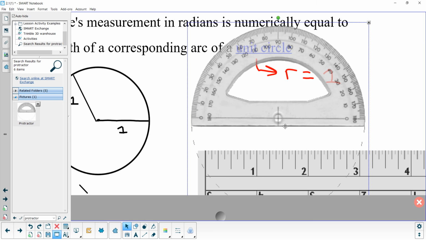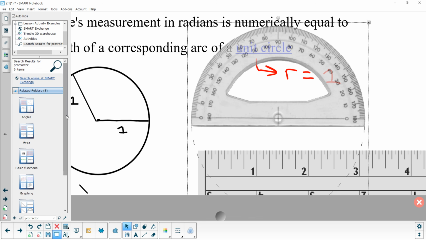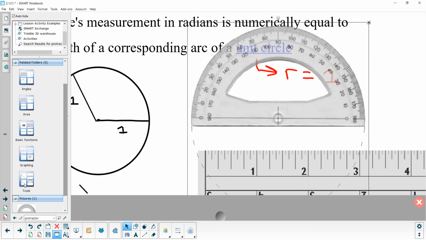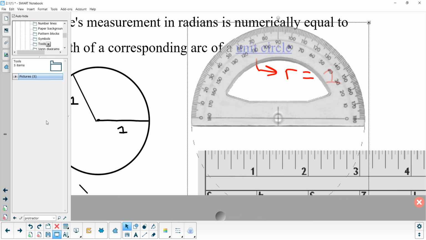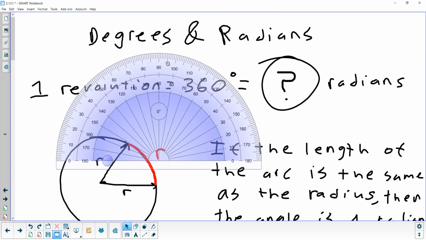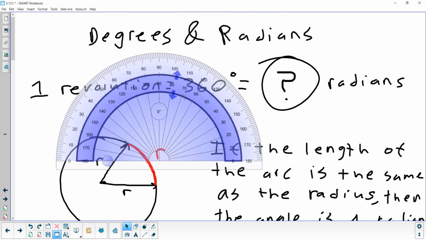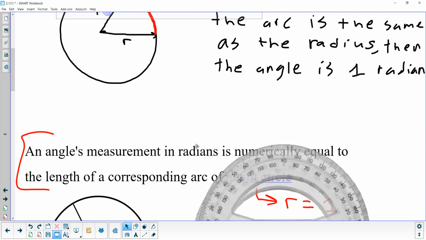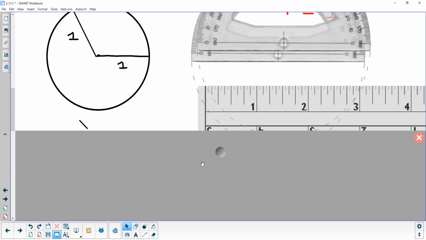Yeah, that's degrees. That's not super helpful. That is a different protractor, but it still measures in degrees. All right, so we're just going to have to pretend.